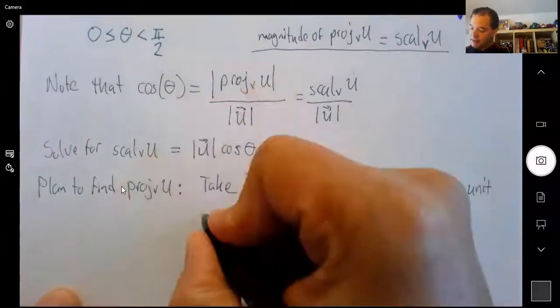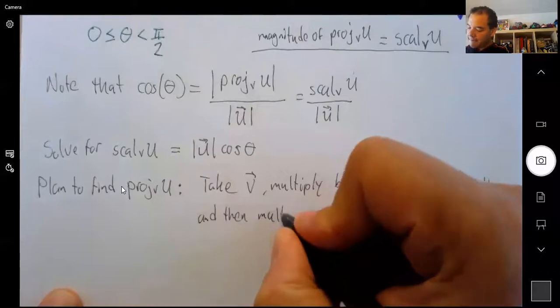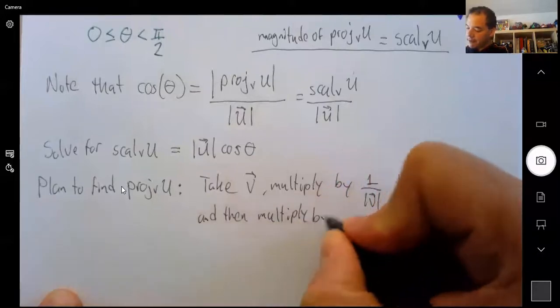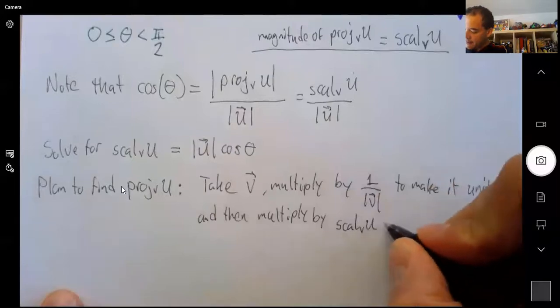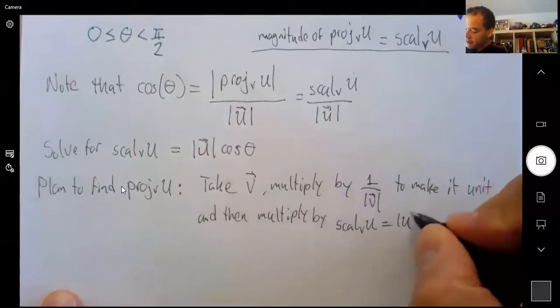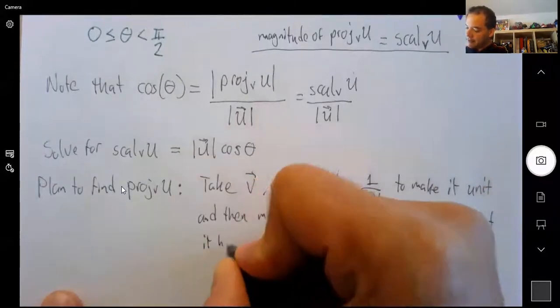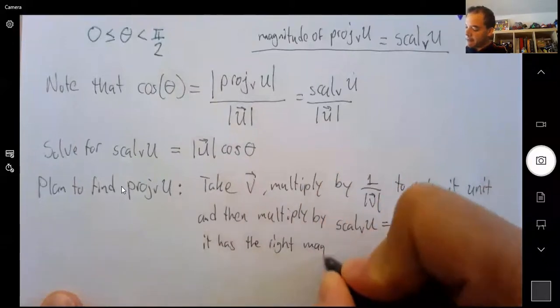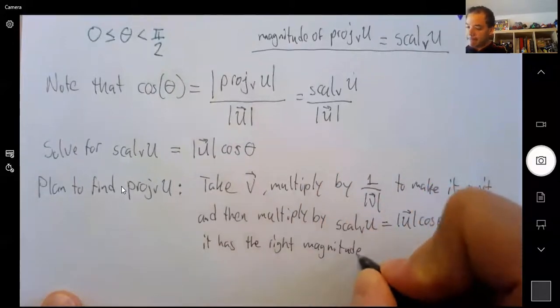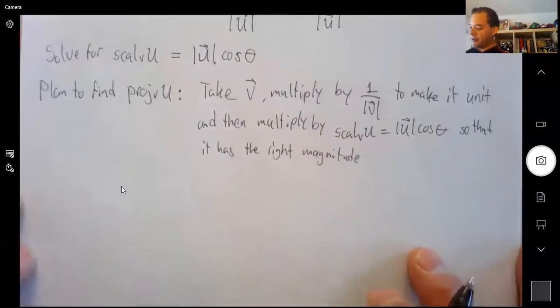And then multiply by the scalar, which is the magnitude of u times cosine theta, so that it has the right magnitude. Okay, perfect. So let's do it.